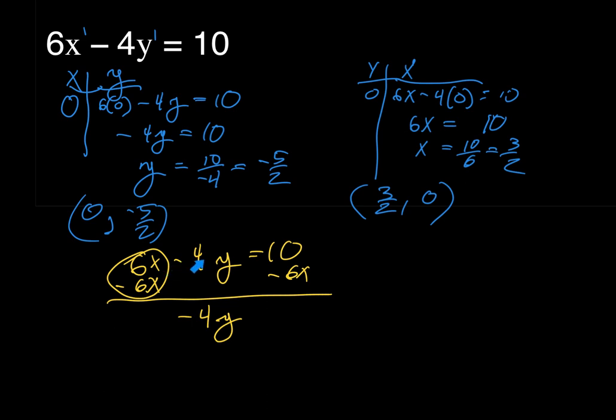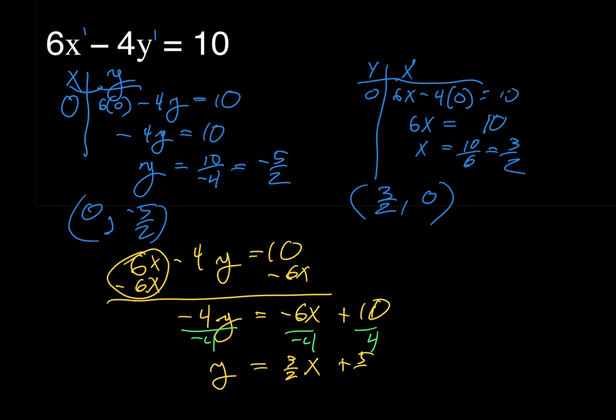It's attached to the 4. On the right-hand side, I will have -6x plus 10. They cannot combine, remember. They're not the same terms. And then I will divide everything by -4. I'll have y equals, negative divided by negative is positive, so it'll be 3/2 x plus 5/2.